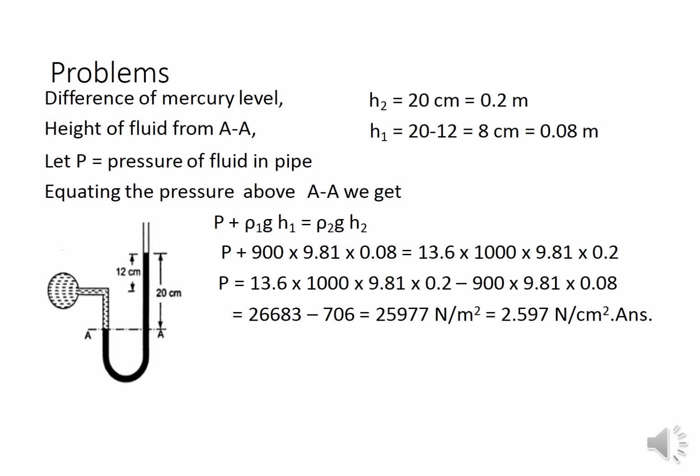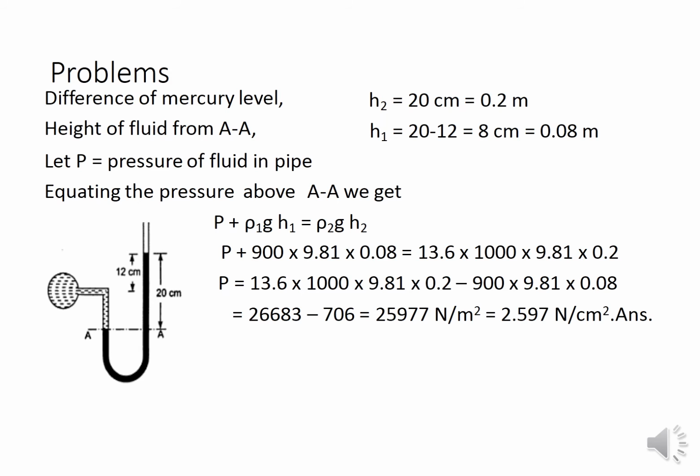So we know that equating above the A-A level, because they are in the equilibrium condition now, we can equate P plus, P is the pressure acting in the pipe, plus pressure of the weight of the liquid is also acting in the left limb, rho 1 g h1. This must be equal to the balanced pressure in the right limb, that is mercury, rho 2 g into h2.